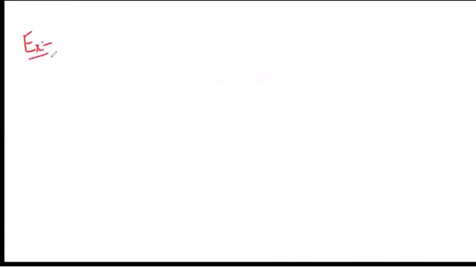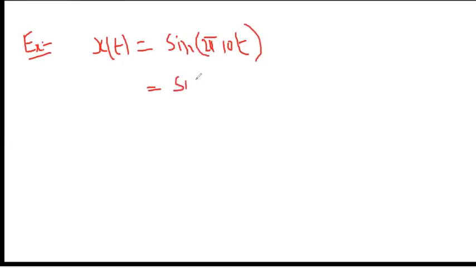If you go to the next example, x of t is equal to sine 2 pi into 10t. It is the sine function, my dear students, not the sinc here. Sine 2 pi, the 10 is nothing but fm.